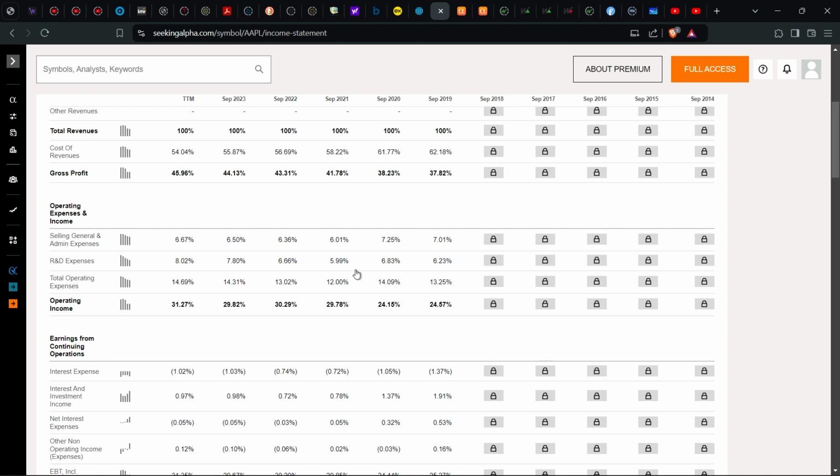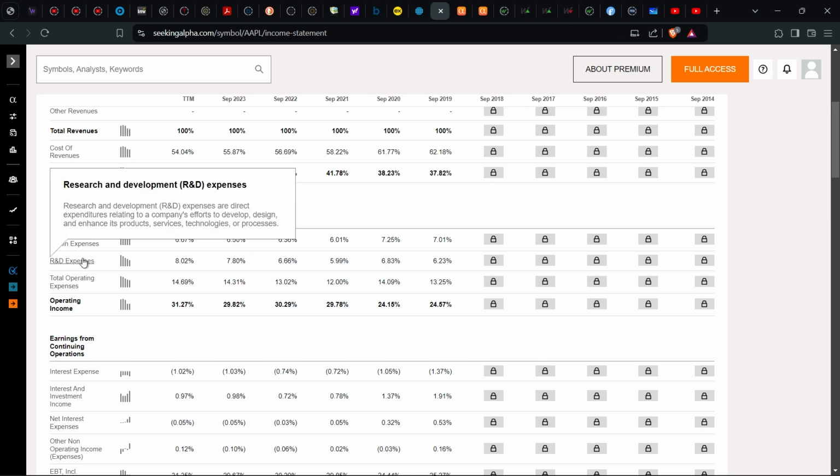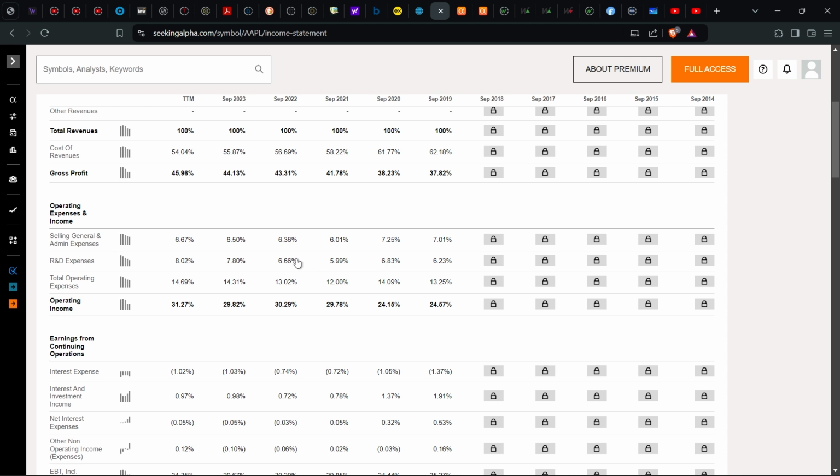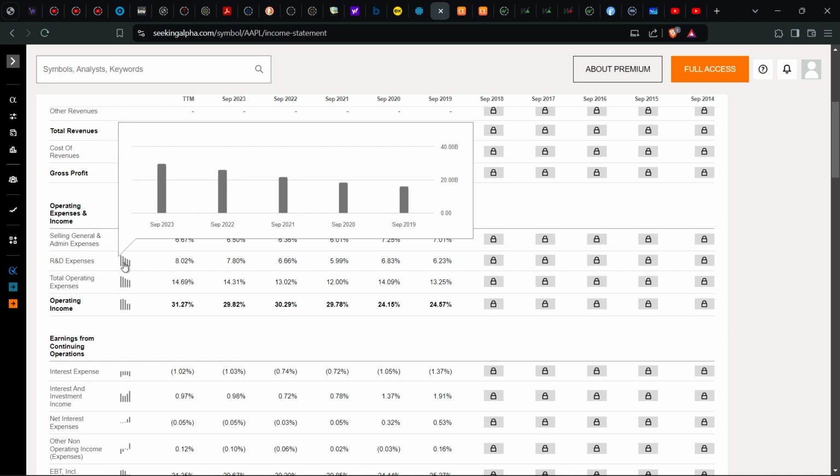They were also working on the Apple electric car for some time, which project was discontinued, so the expense there was reduced. But you can still see here that the R&D expense as a percentage of revenue has been increasing, and even the number itself has been on an upward trend. Now this mini chart here is showing the absolute values. It's not showing the percentages. No, this is showing the absolute values.